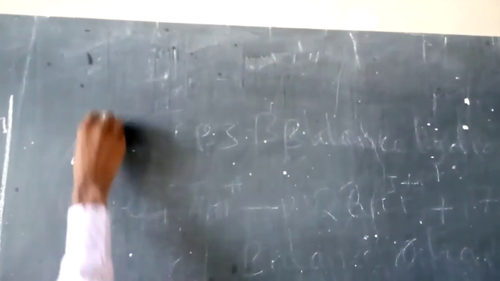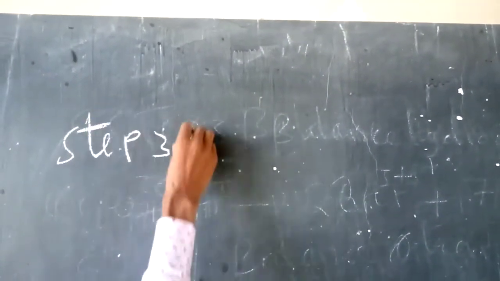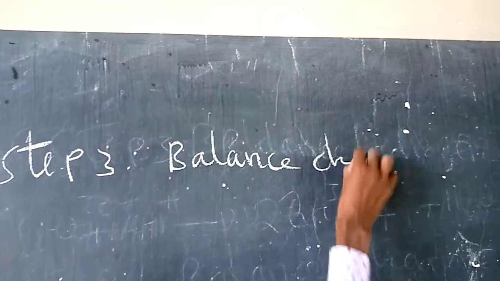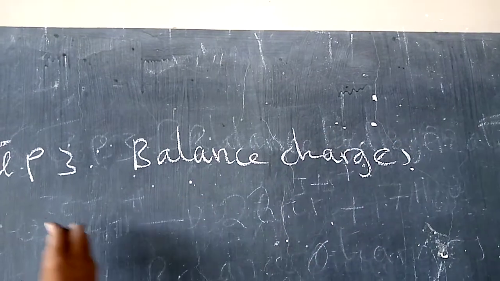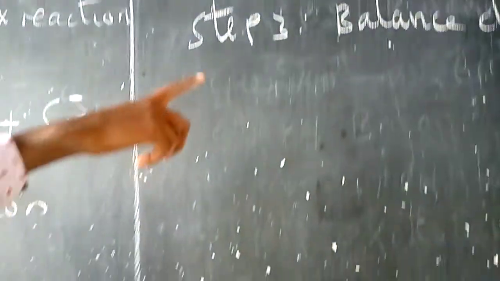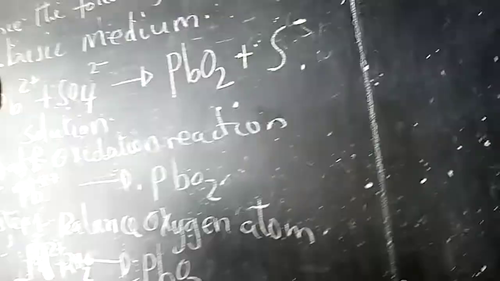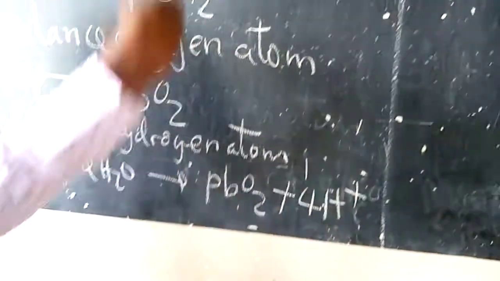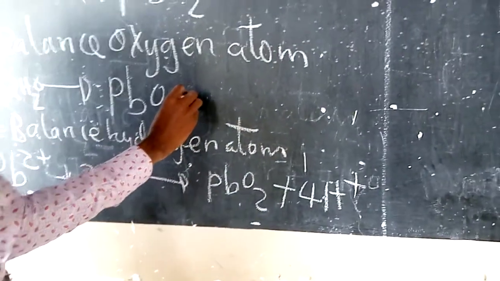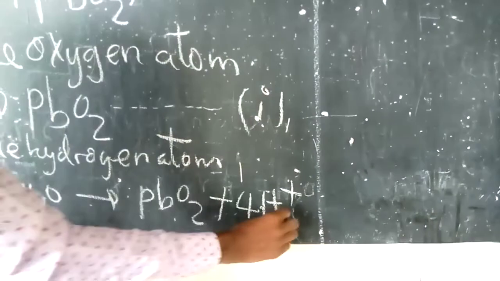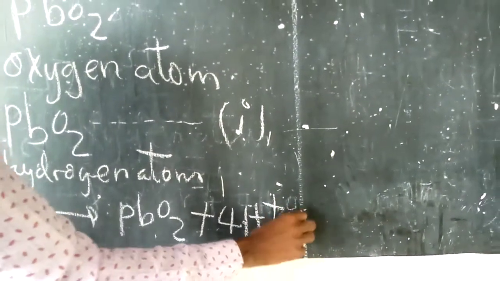Now step 3, balance charges. Take your equation as it is. Now before continuing with balancing the charges, mark these equations so that you can simplify at the end. Mark this equation as equation 1 in the first step, and mark this equation as equation 2.